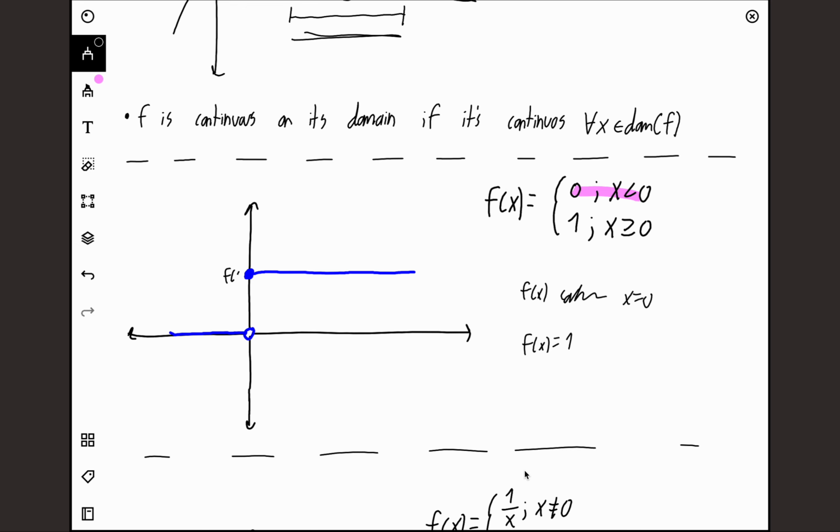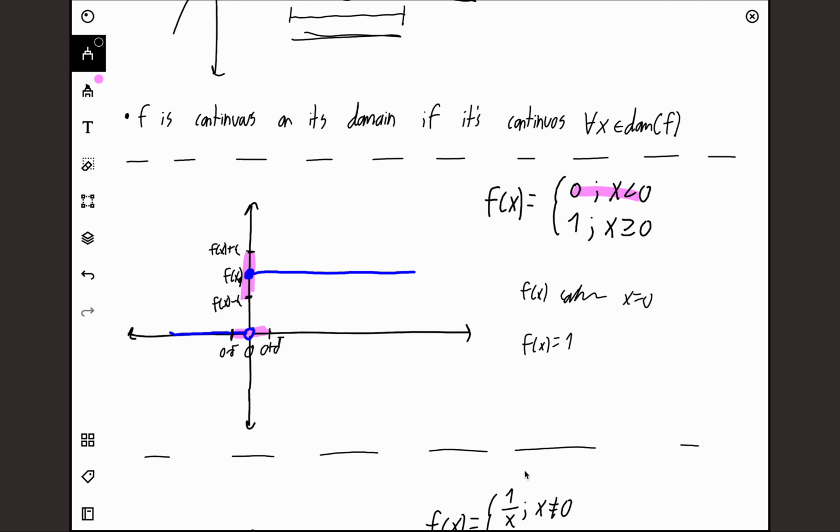So this is our f of x0 point, and we choose any epsilon belt around it, f of x plus epsilon, f of x minus epsilon, like say this one. Now we have to find the delta belt. This is 0, this is 0 plus delta, this is 0 minus delta.